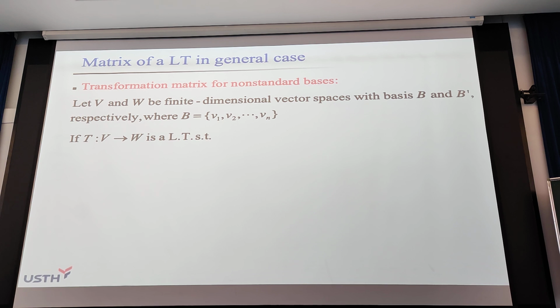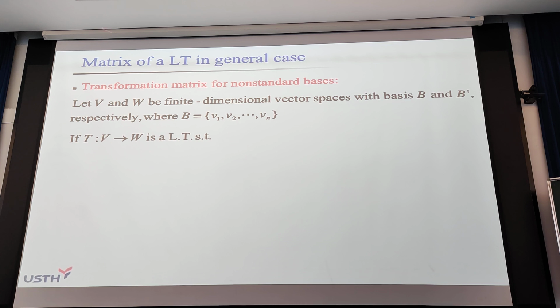And the next one. Up to that point, we know about the standard matrix of a linear transformation from Rn into Rn. Now we consider the general case. The general case is the case when the domain and codomain are vector spaces of finite dimension. Any vector space, not only Rn.